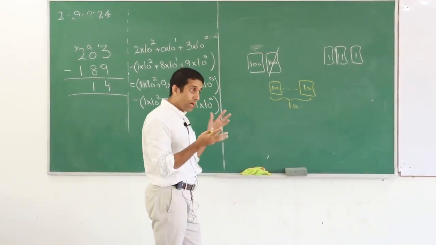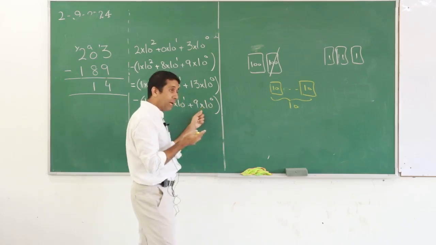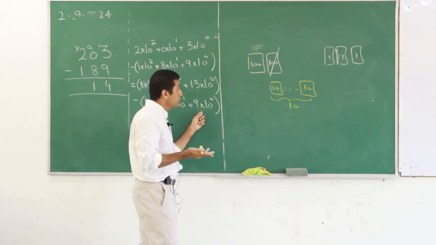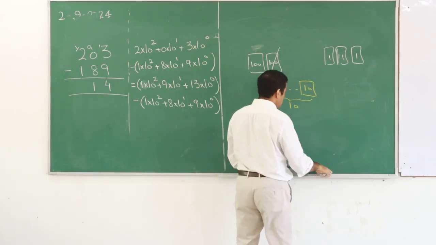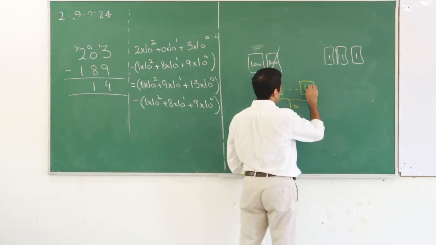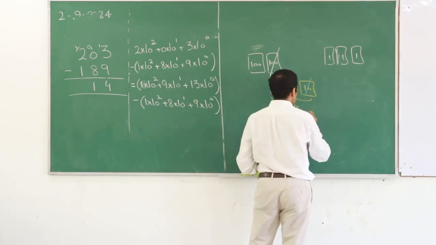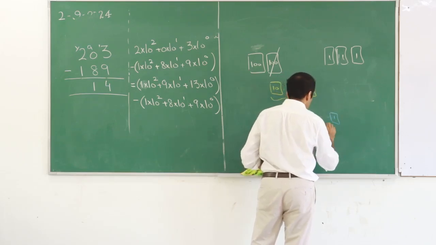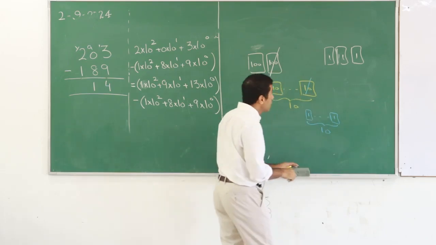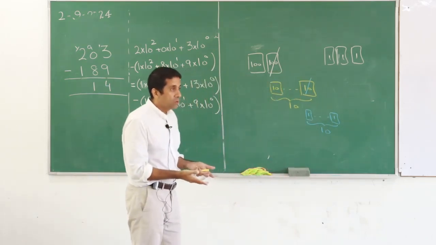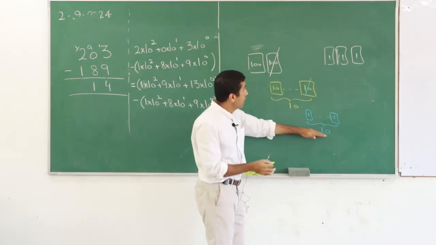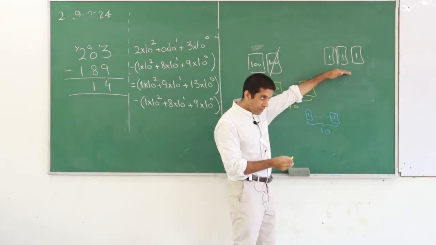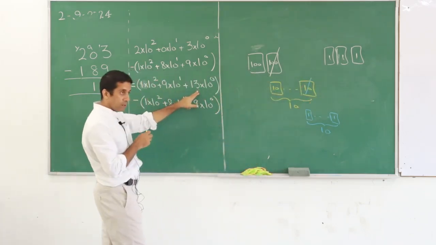But I still can't give 9 ones to somebody. So I take a 10 and replace it with 10 ones. So how many ones do I have right now? 10 plus 3, 13. That's what I wrote here, 13 ones.